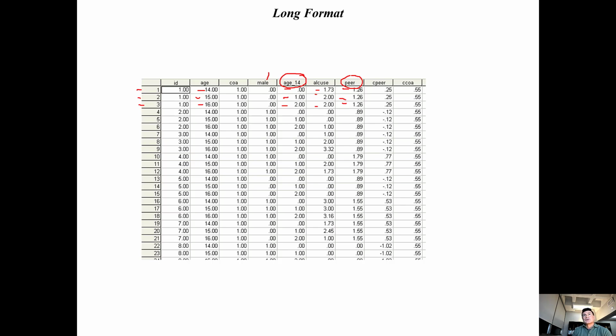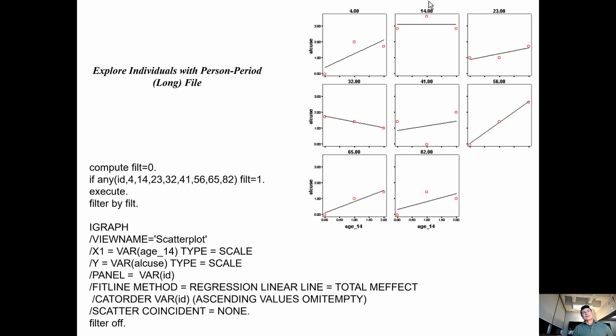We also have the child of alcoholic. This is the parent variable, whether the parent drinks or not. So these are centered too, so I won't go into detail about that, but sometimes we want to center those variables as well.